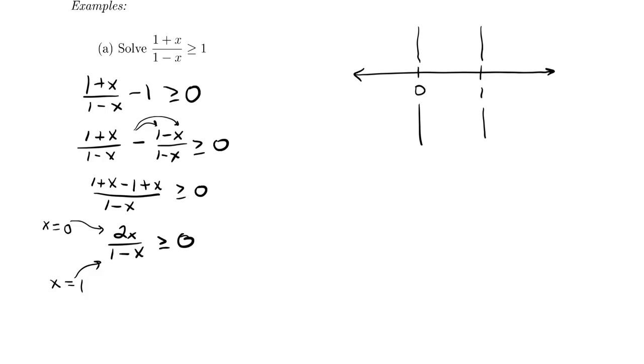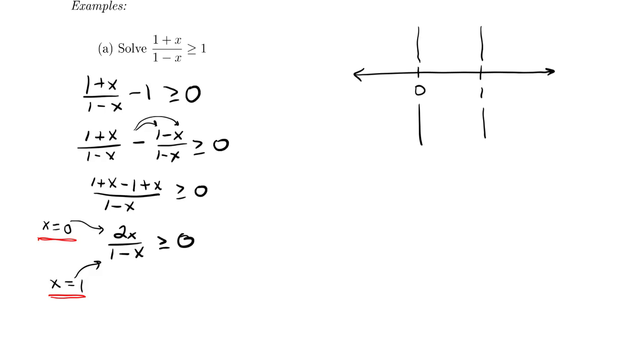Now notice, there is a little bit of difference between what's happening at 0 and what's happening at 1. The x equals 0 is actually coming from when the numerator was 0, and the x equals 1 is coming from when the denominator is 0.